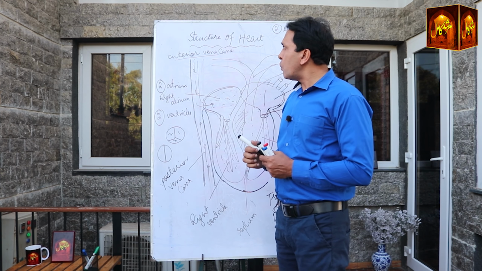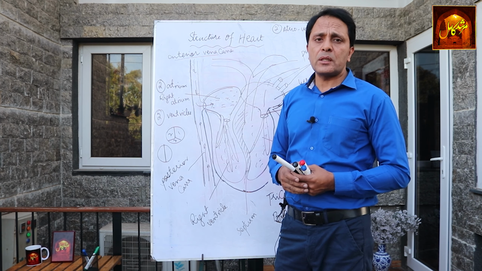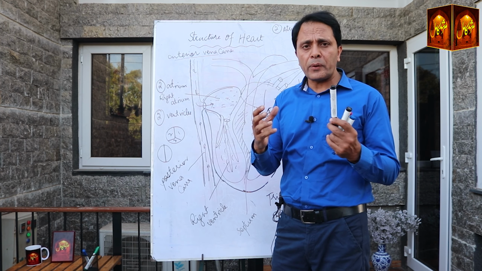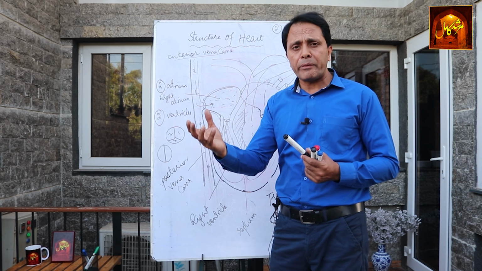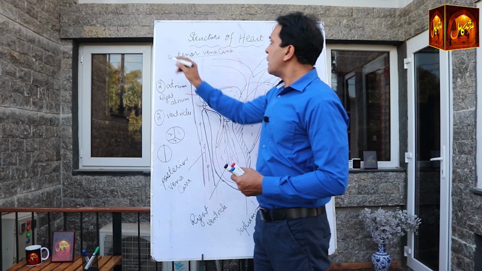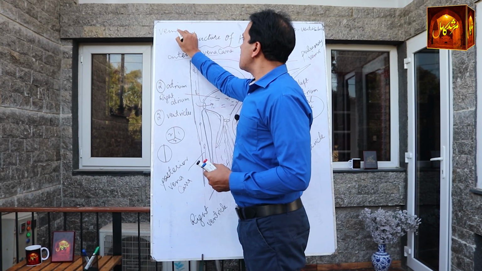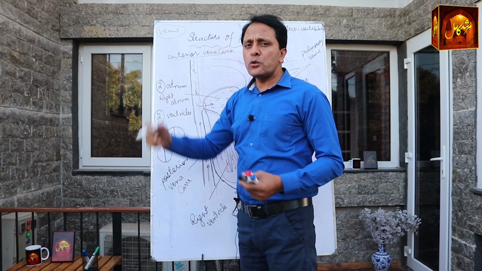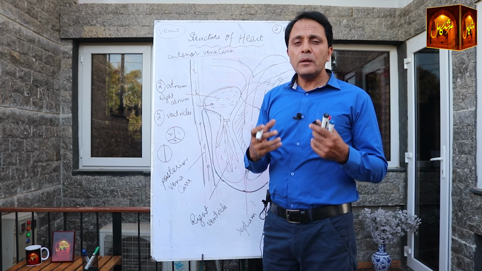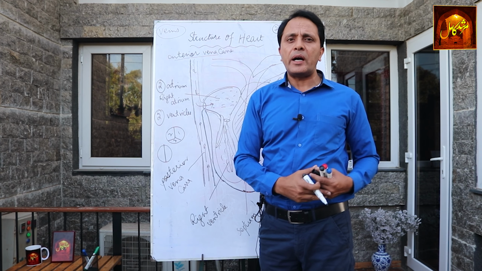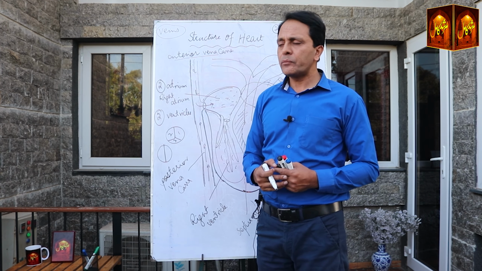Keep in mind, in our cardiovascular system we have two very prominent types of blood vessels, the arteries and the veins. About veins, I told you, all the veins bring blood back to the heart from all over the body.